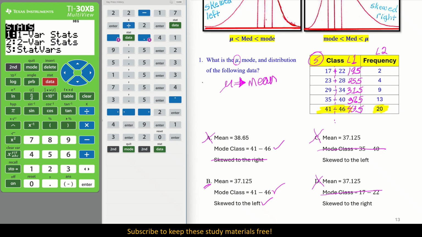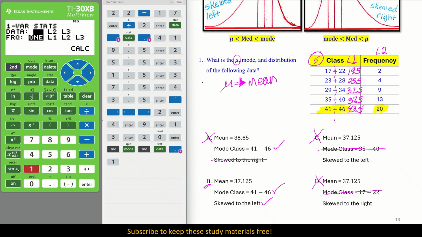Now you're in your stats, okay? All right, now it does make a difference which one of these you push. Yeah, your stat vars, but we want to use L1 and a frequency. So I want you to use number 1, which is one var stat. That means one variable stat. Okay, all right, so that's number 1.